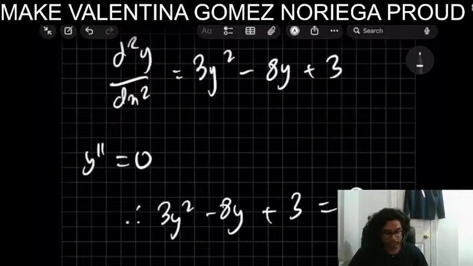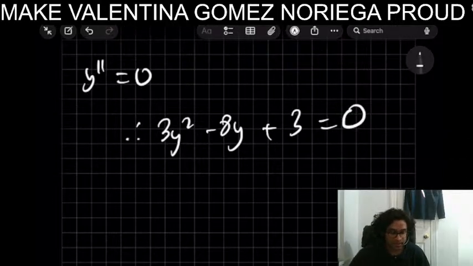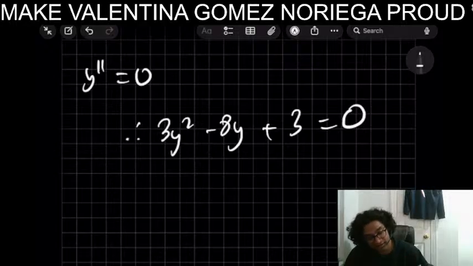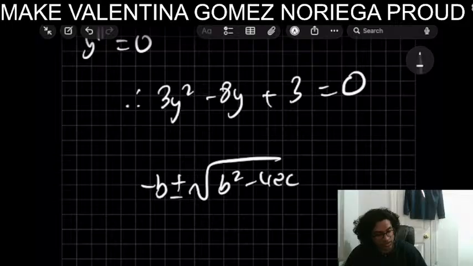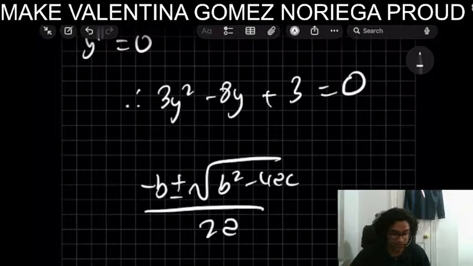Now we're going to solve the quadratic. What was that equation? Minus b plus minus square root of b square minus 4ac divided by 2a. So you're going to have 8, 64 minus 36 is what?